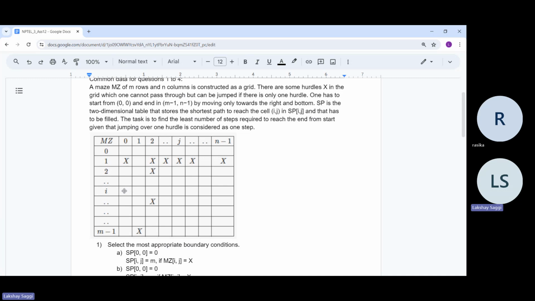But one issue is that let's just consider this point, 2,0. Suppose I had to reach this 2,0. If there was a cross just before it, then I needed to effectively hop about this cross. So if I want to reach 2,0, I'll have to take a hop from 0,0 to 2,0.